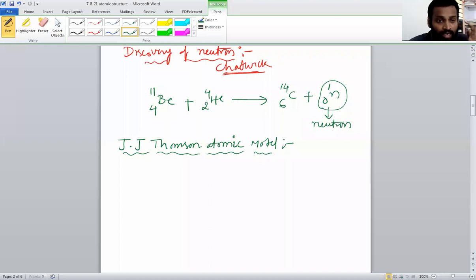J.J. Thomson atomic model. Okay, so what is the meaning of atomic model? First I'll tell you. In an atom, what are the particles? We have the idea: electron, proton, and neutron. Hope you understood. There are three fundamental particles: electrons, protons, and neutrons.